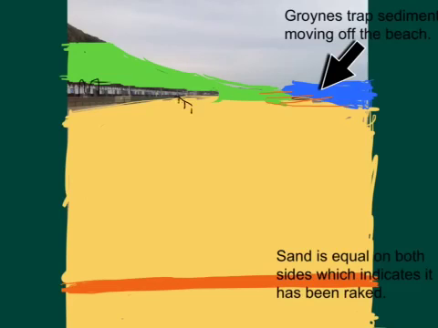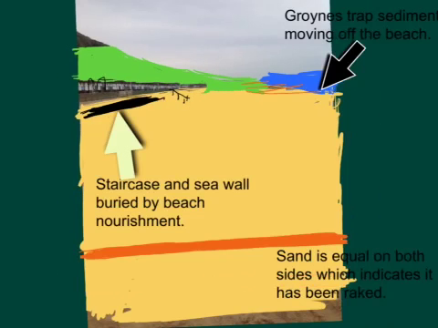It kind of hasn't actually got any steps, but it's got the handrail down onto it, and you can actually see at the back, along with the staircase, the top here of a sea wall. Now that's actually evidence of beach nourishment. The staircase and the seawall being buried is actually evidence that the beach is much higher now than it used to be in the past.